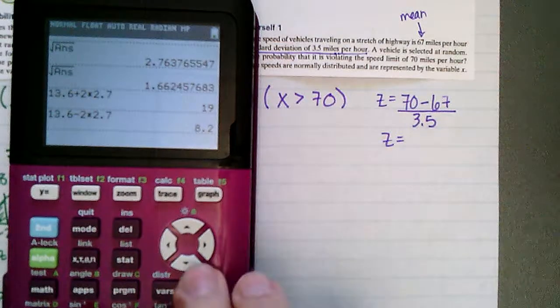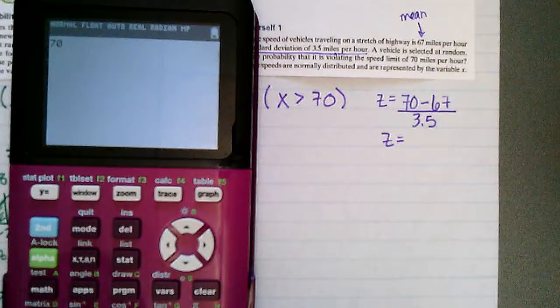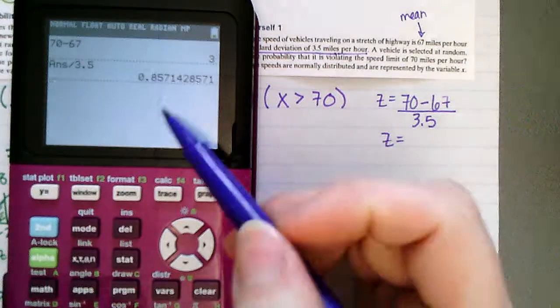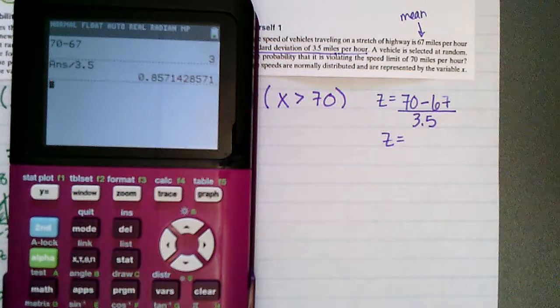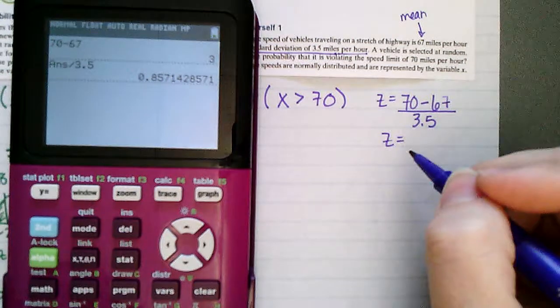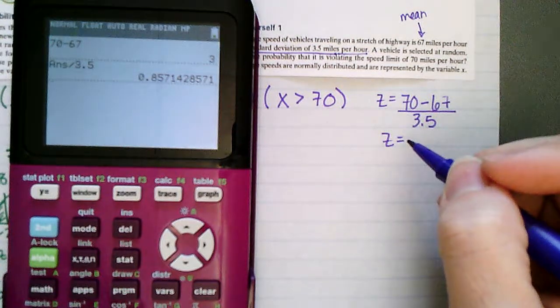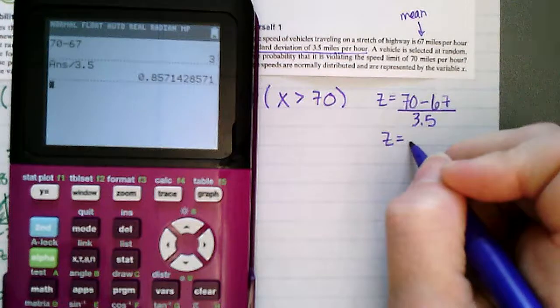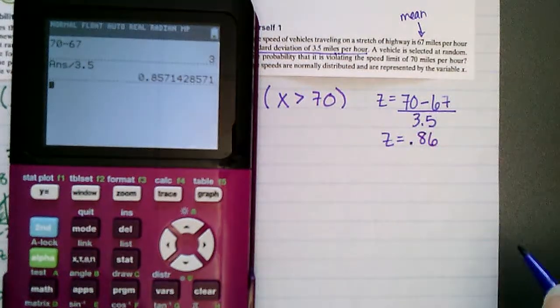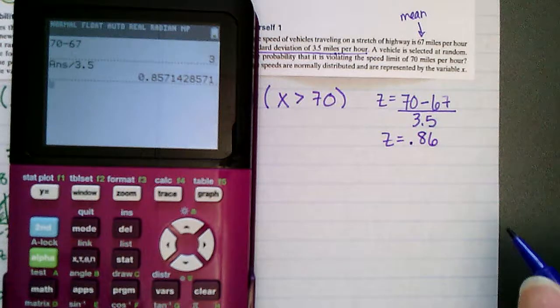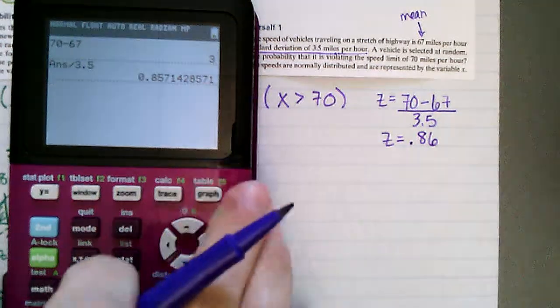Got it. I'm going to take 70 minus 67 and divide by 3.5. Now this gives me a whole long string of numbers, but if you remember on your standard normal distribution that z-scores only go out 2 decimal places, I'm going to be working with 0.86 for my z-score that I'm going to look up on the table.